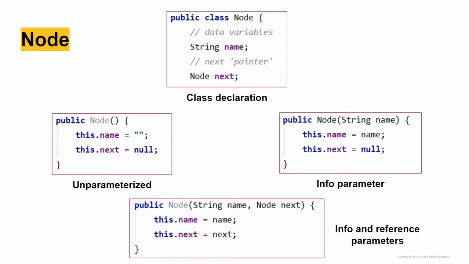Again, following suit, we're setting this dot name equal to name, this dot next equal to next, name and next being the parameters that were passed in. So now we have the same node object that we've created in the last two, but now we just have that name and that next node reference to fill in.